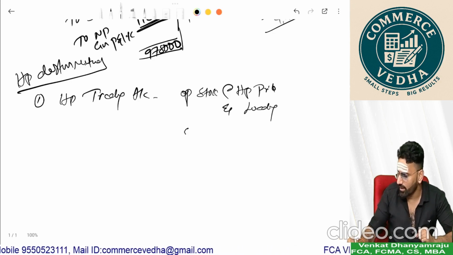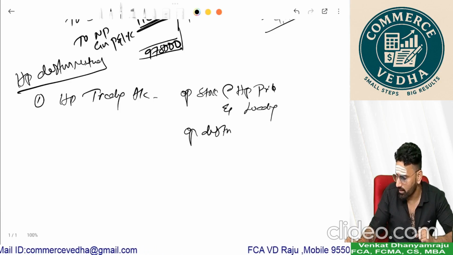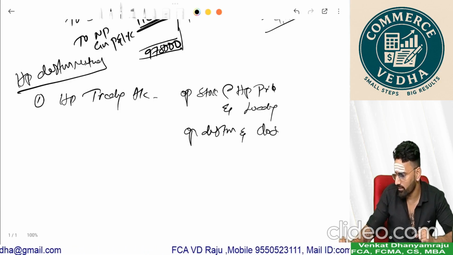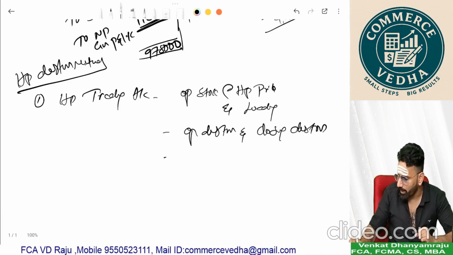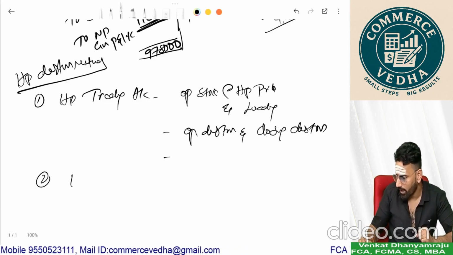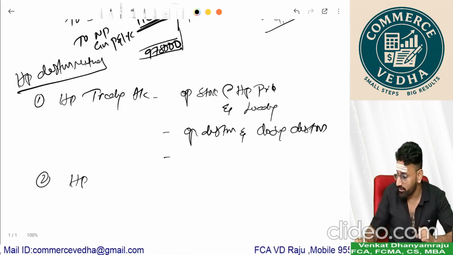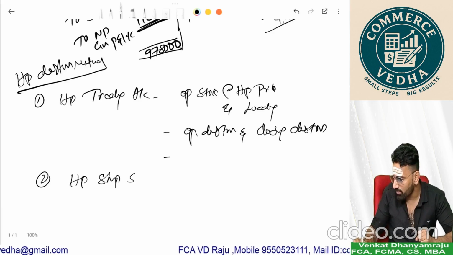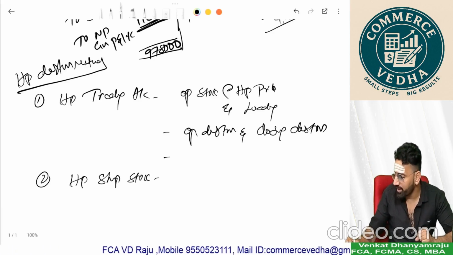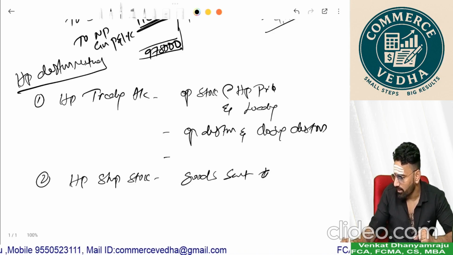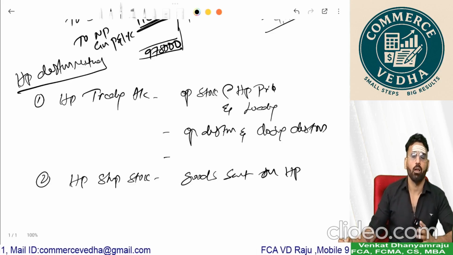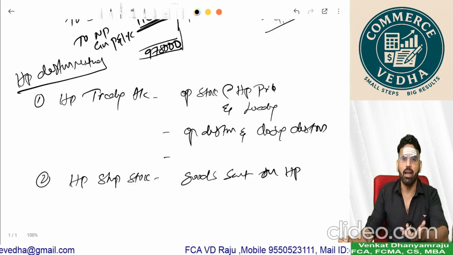And then we need opening debtors and closing debtors. We also need to prepare the hire purchase stock account to identify goods sent on hire purchase, identify the cash price and add the profit.